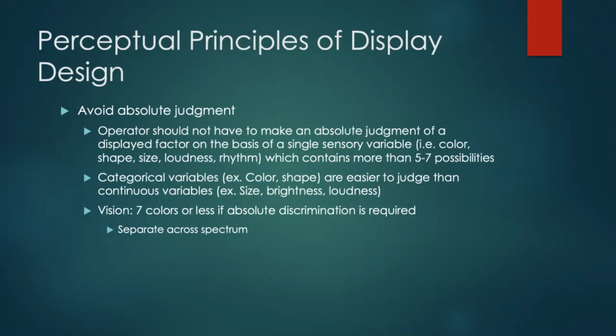Categorical variables, so things like color and shape, are going to be easier to judge than those continuous variables. Even though the three of y'all in class right now are wearing different colored shirts, and I couldn't tell you the absolute color, I could give you kind of a grouping of those colors.